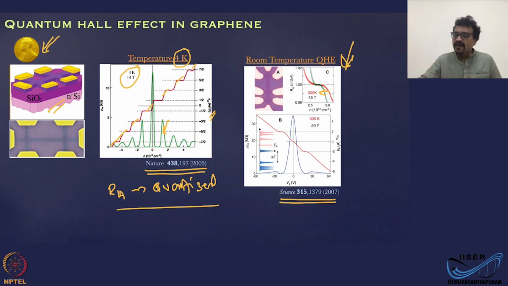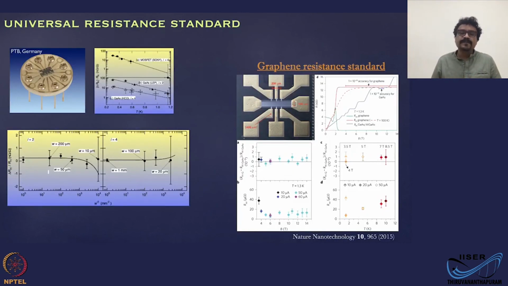So what we now need to realize is this quantum Hall effect is a universal phenomenon. It doesn't depend on the material system. It doesn't depend on the kind of equipment you use. It doesn't depend on the temperature.